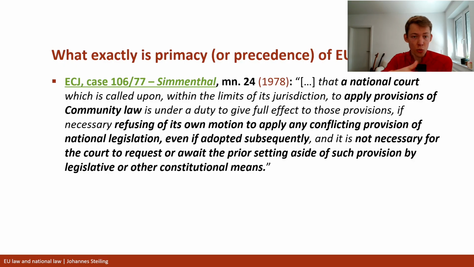Where community law does not apply, obviously primacy does not apply. Such a court is under a duty to give full effect to those provisions, as you might know from ENEL, and this is the important part.